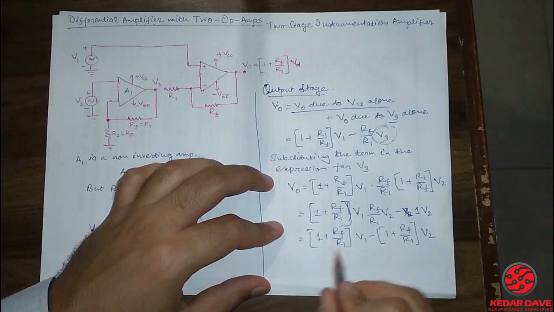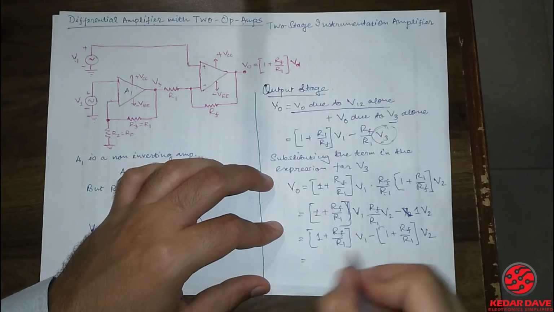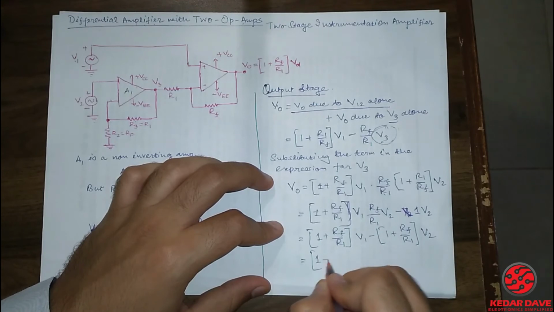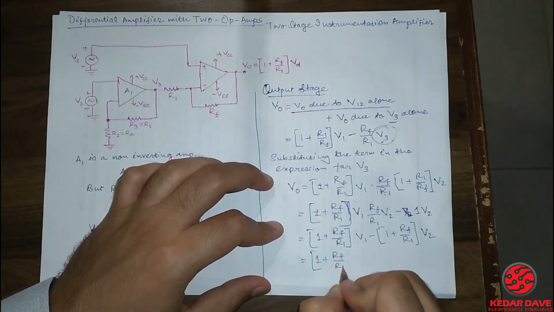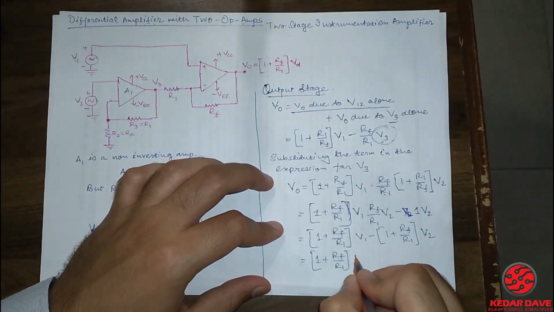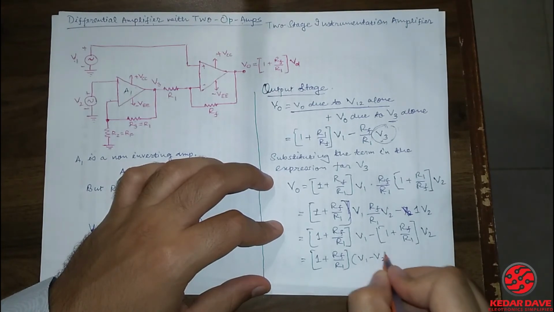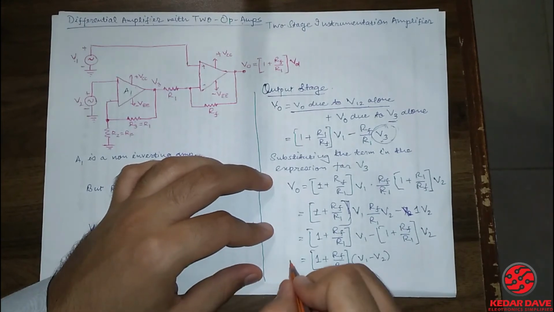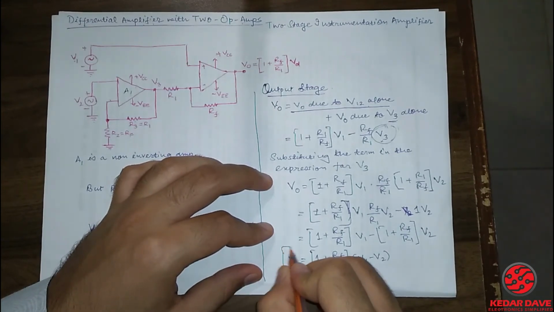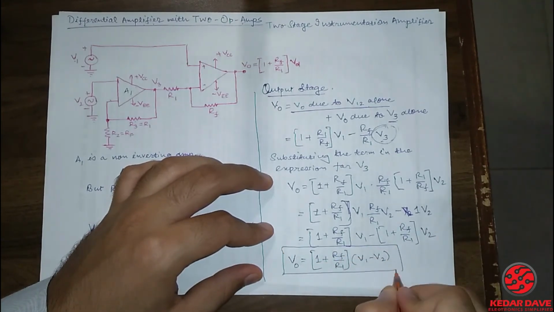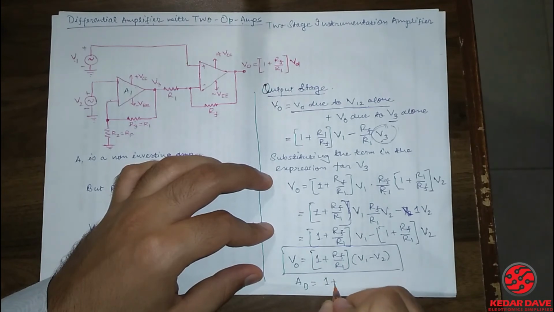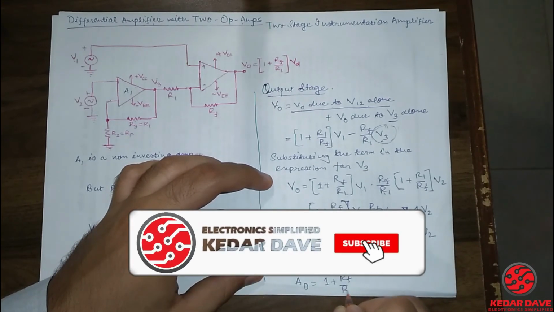We have taken each term apart with V1 and V2, and if we take 1 plus RF by R1 common, then V1 minus V2 can be written. So the output voltage can be achieved by this equation, and the gain of this circuit will be 1 plus RF upon R1.